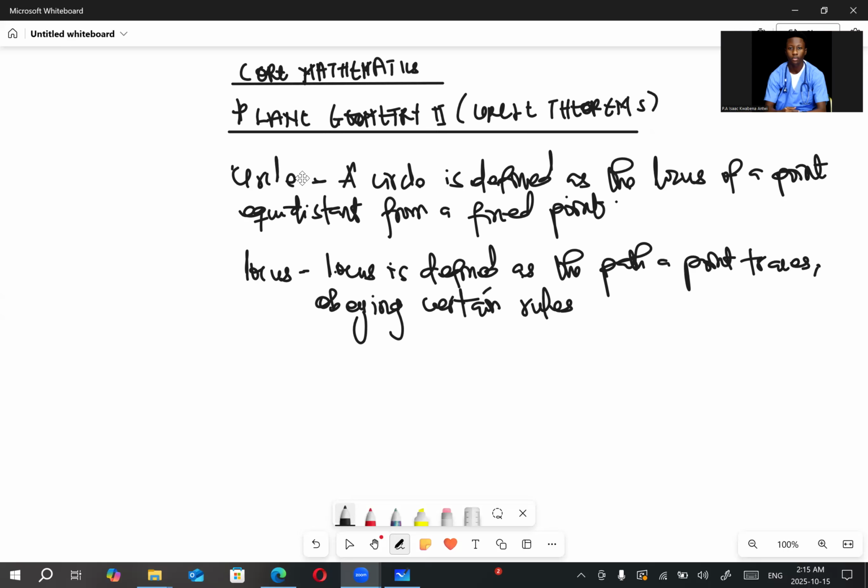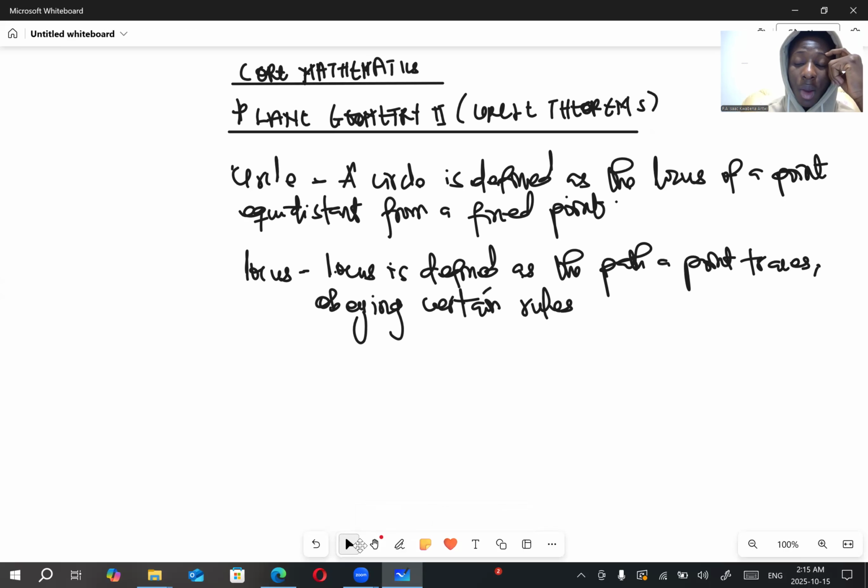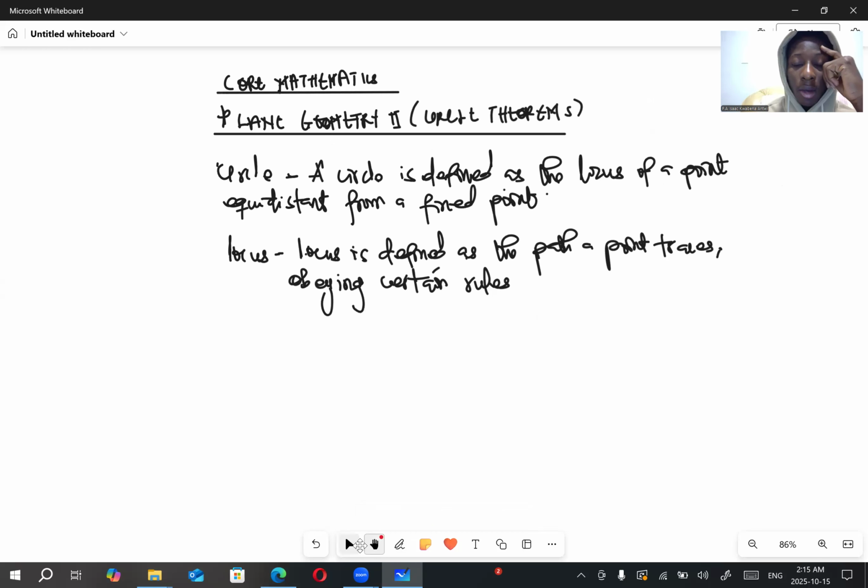The idea of locus stems from geometric construction. Do you remember geometric constructions?